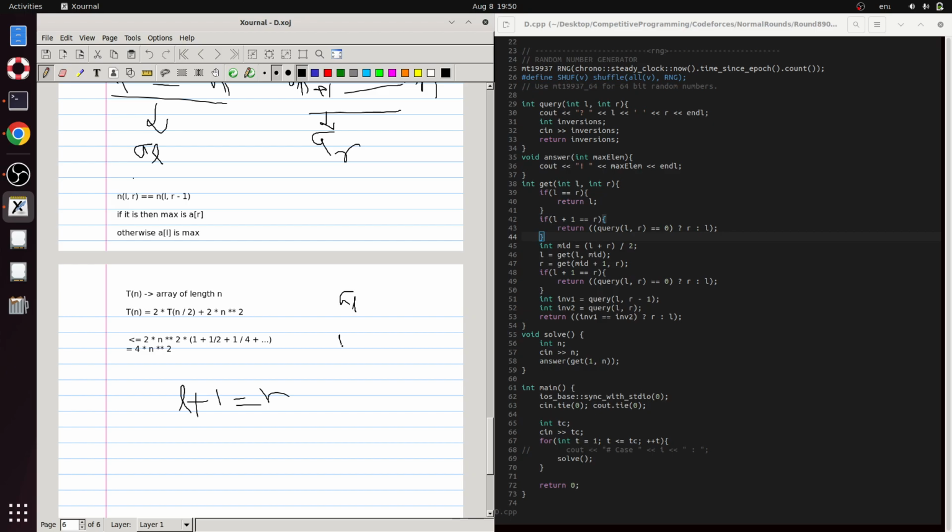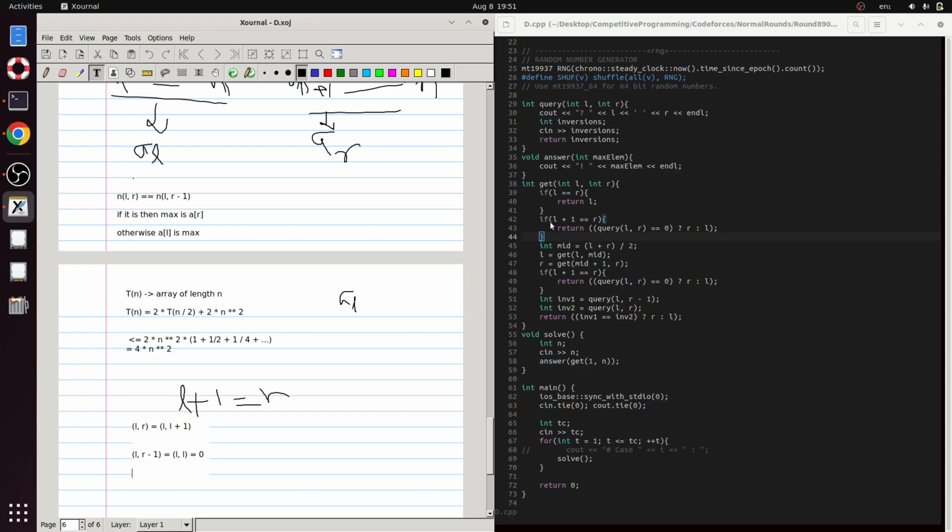We are querying L till L, so if L till R is L till L plus 1, we are making two queries, L till R minus 1, which is equal to L till L, and we know the answer for this query. It's always going to be 0. When there is a single element there isn't going to be any inversion. So we are making a redundant query over here.